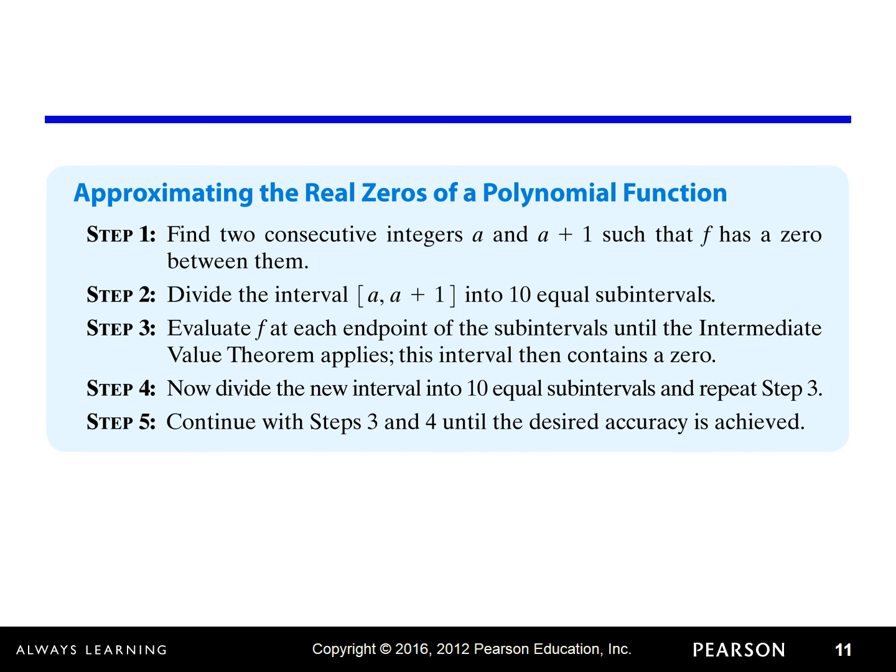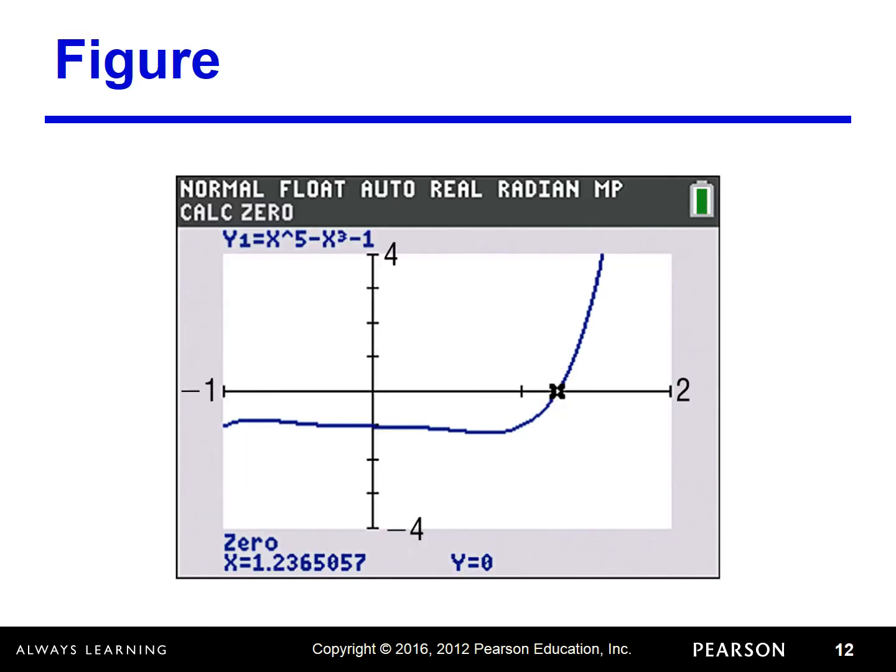And I believe this is what the calculators do when you use a 0 feature in the calculator. And this is what we see here for the f of x that we were given. Here's the 0, represented by an x-intercept, between 1 and 2. Here's a decimal approximation, not the exact, but an approximation to that 0.